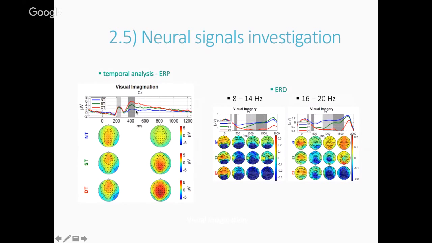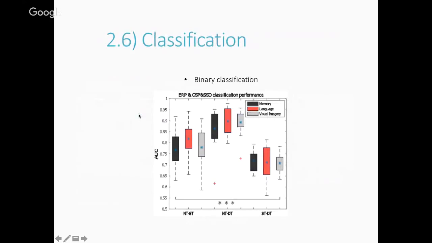There was a higher discrimination between no processing and deep processing, and also the classification relates to this difference. Of course, it's harder for the classifier to discriminate between shallow and deep processing.